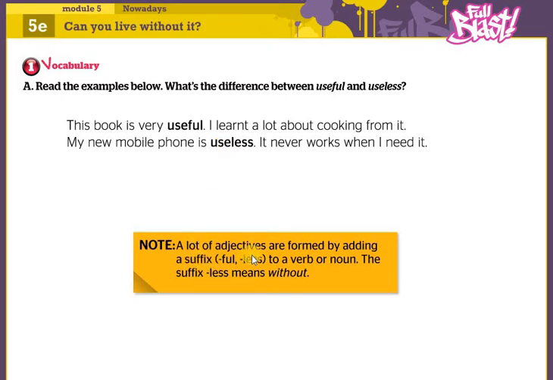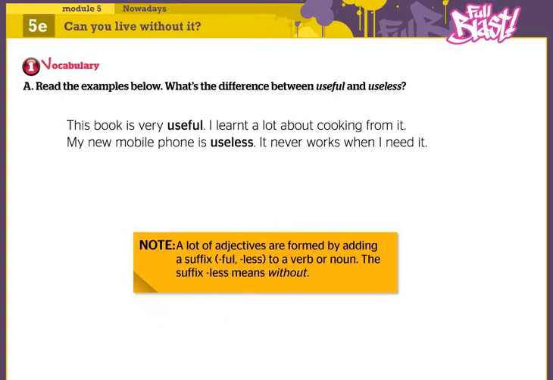So, adding a suffix, full and less. But what is the meaning of full and less? To a verb or a noun, the suffix less means without it, right? The suffix less means without it. Full means the opposite, right?